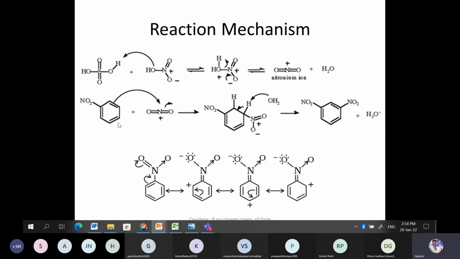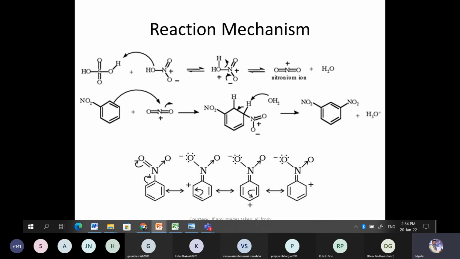So the position ortho to the nitro group has a positive charge. Then, due to resonating structures, the para position has a positive charge, and then again the ortho position has a positive charge. So we have positive charge on the ortho and para positions.